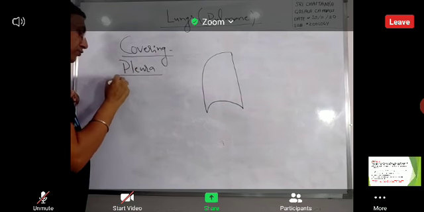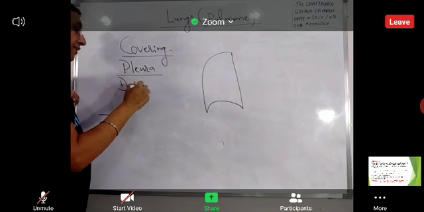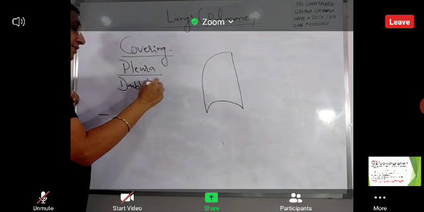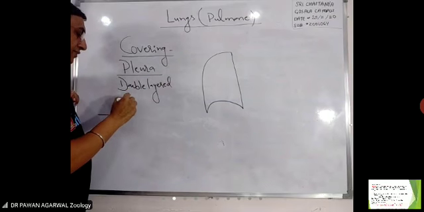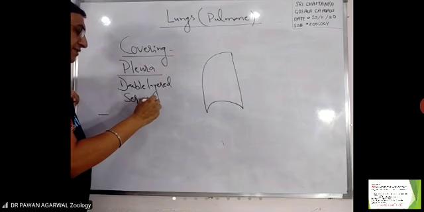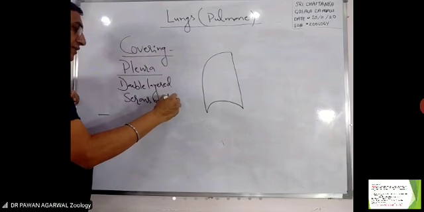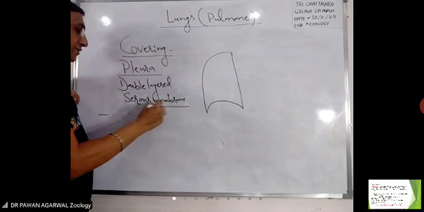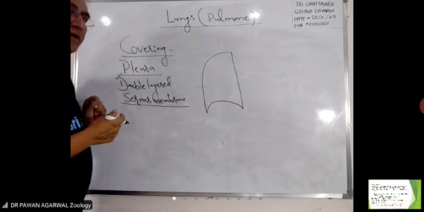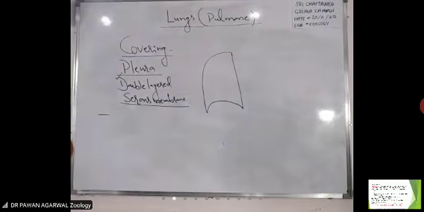That is the double layered serous membrane. So this is the point that you have to remember, that lungs are covered by double layered serous membrane.